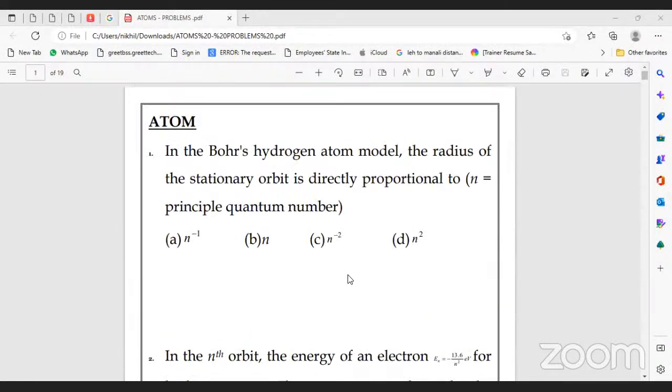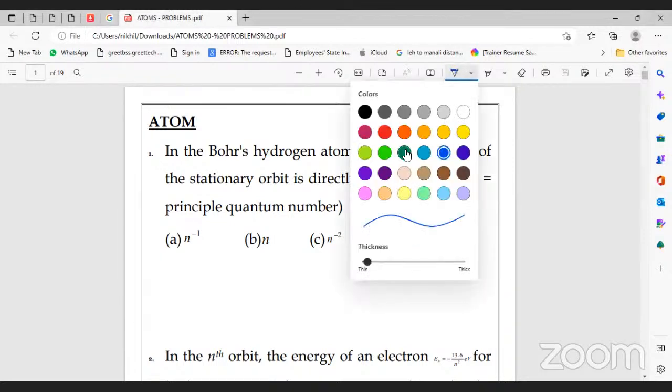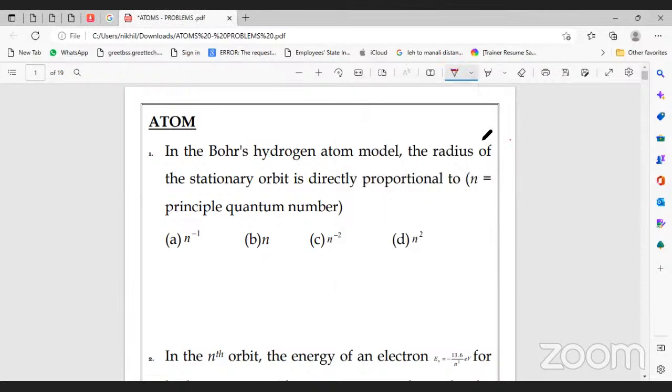Yes, students. So let us take up the problems on atoms chapter. Look at the first problem.